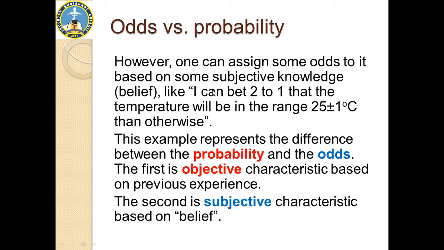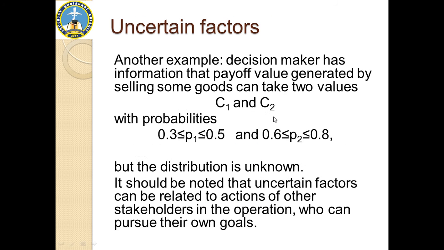Uncertain factors can be explained by this particular example. A decision maker has information that the payoff value generated by selling some goods can take two values, C sub 1 and C sub 2, with probabilities ranging, for C sub 1, from 0.3 to 0.5.